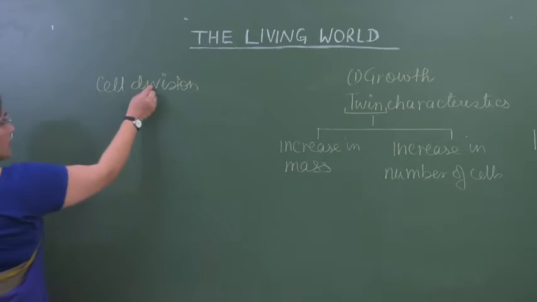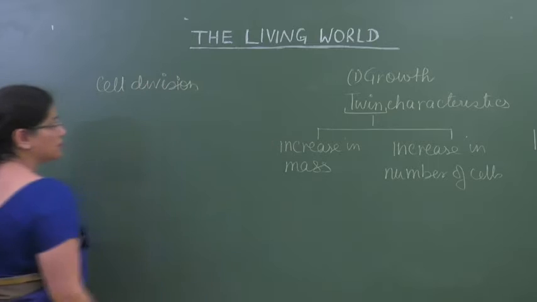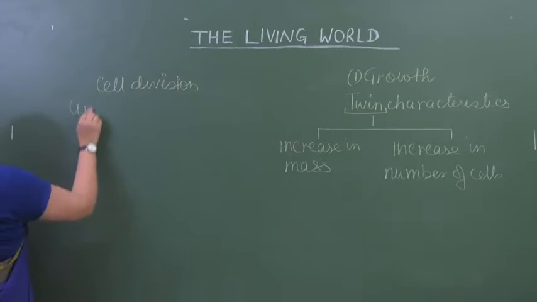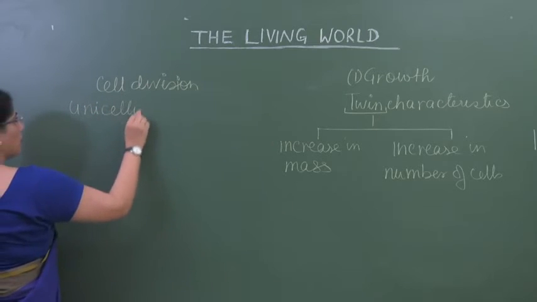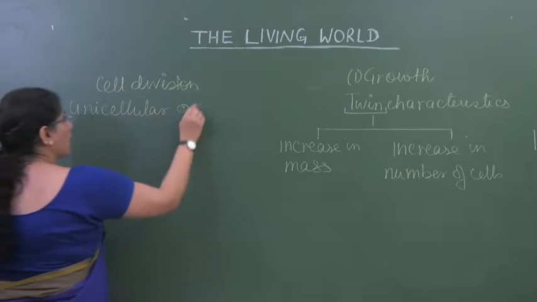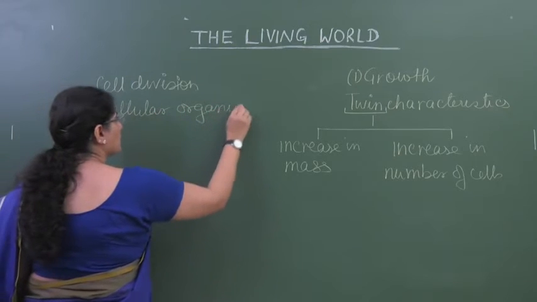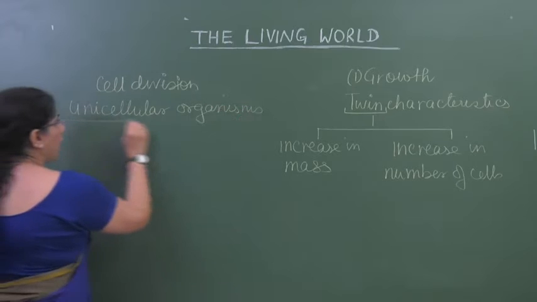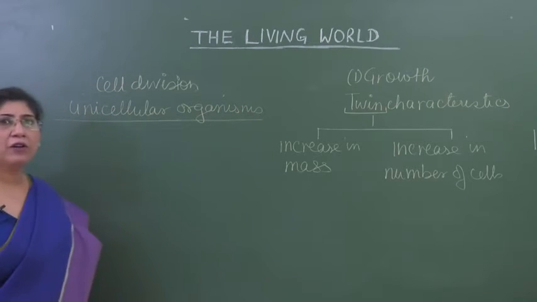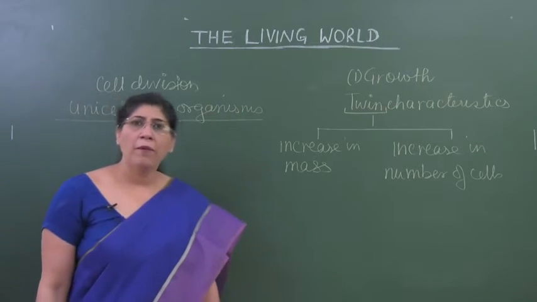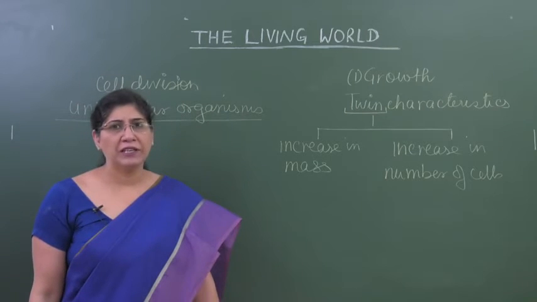Now let us look at this cell division and growth in unicellular organisms. हमें cell division को unicellular organism में देखते हैं. Amoeba, paramecium, bacteria.